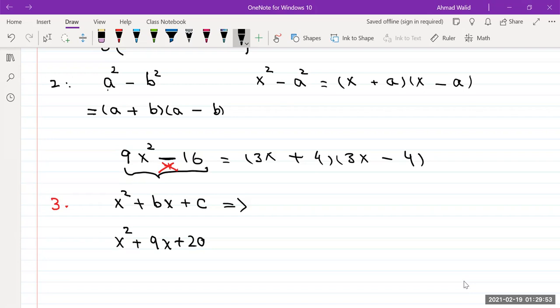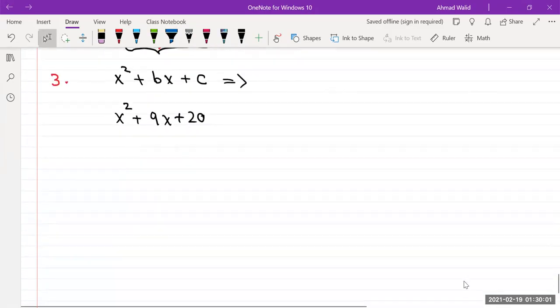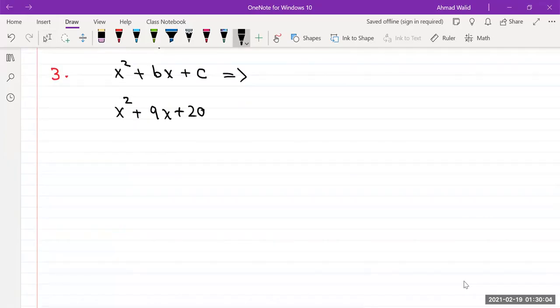I'll give you 4 scenarios or 4 cases that you will deal with in this type of factoring, correct? Case number 1, your B is a positive number and also your C is a positive number.